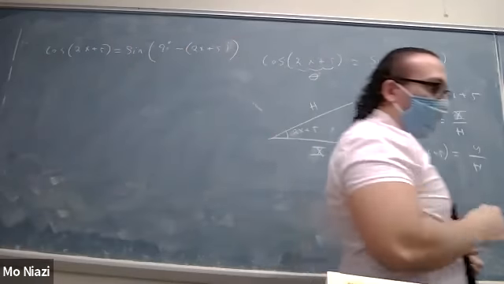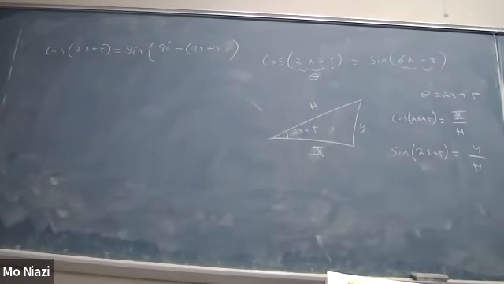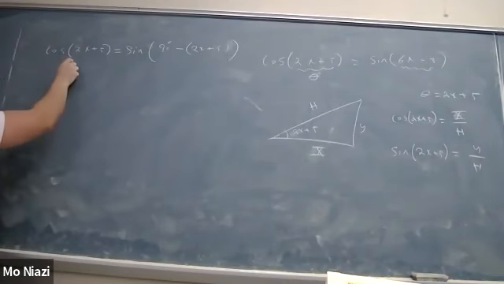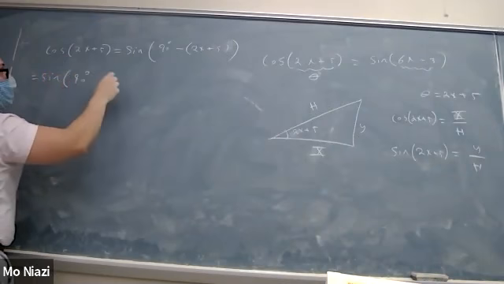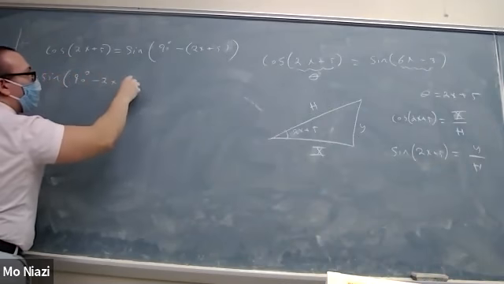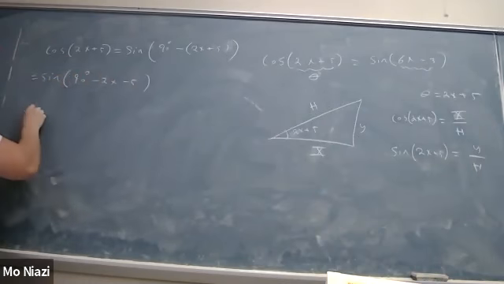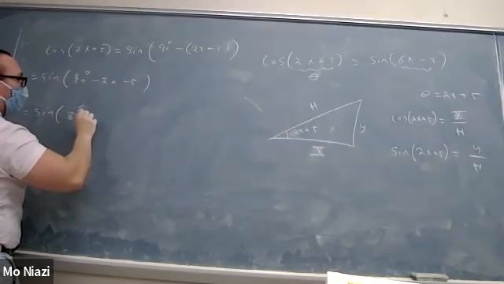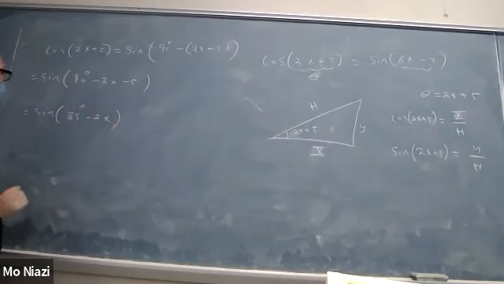The book even has a degree on them. Okay. So then that means this is the same thing as sine of 90 degrees minus 2x plus 5, when we distribute that negative. So this is the same thing as sine of 85 minus 2x. Okay.